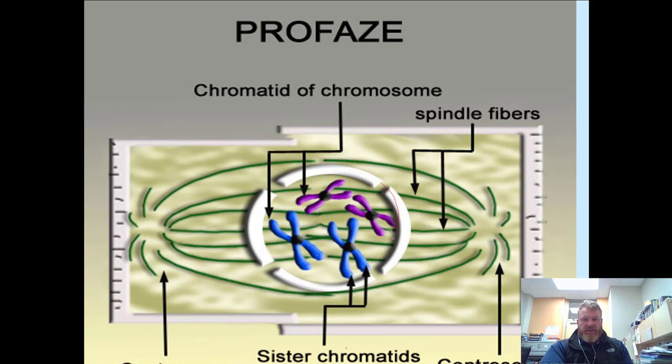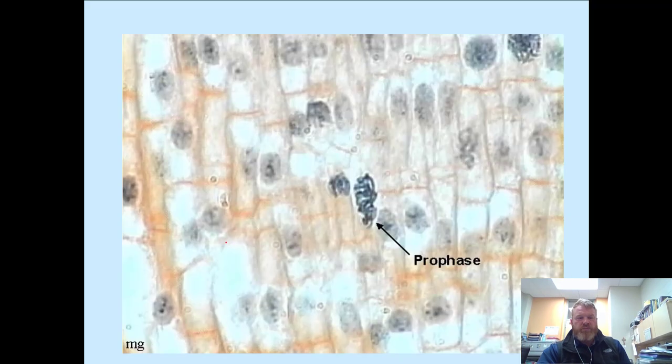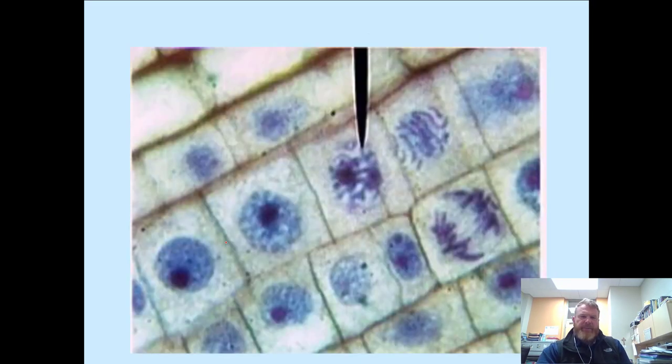The nucleolus and all this is almost gone, you can see it breaking up. Centrioles would be right here. They look like little churros. Shooting out the spindle fibers here. We're good to go. There's a cell in late, or probably mid prophase.